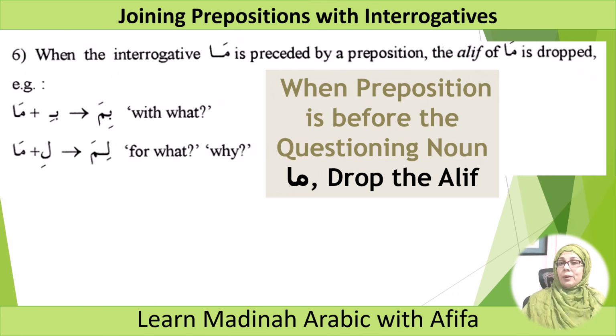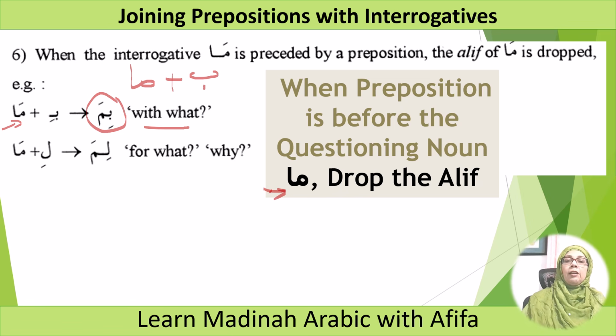So when there is a preposition before the questioning noun ma, which means what, you combine it and you drop the alif in it. So let's take an example. If there is the preposition bi, which means in, and it precedes ma, then the alif in the ma is dropped and you just say bima, which means with what.